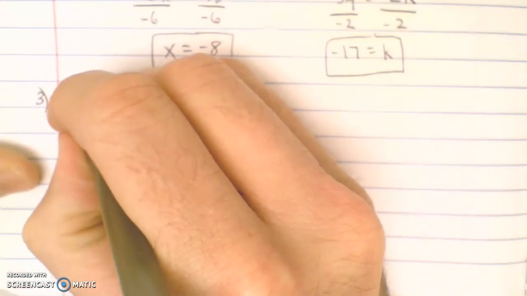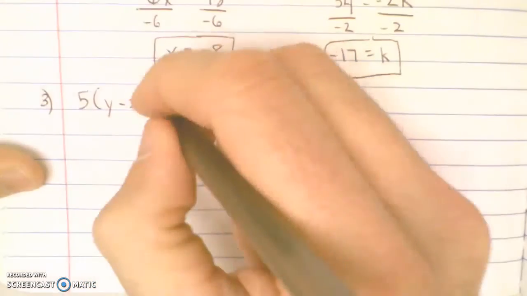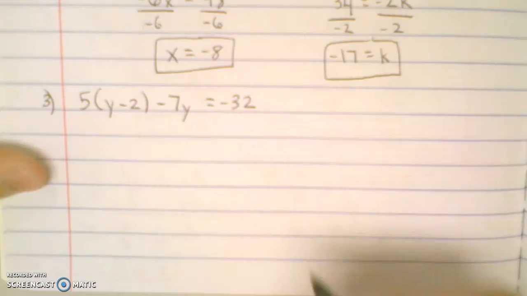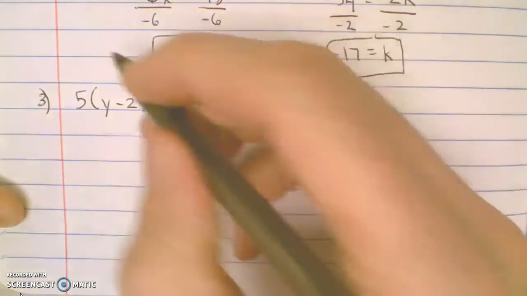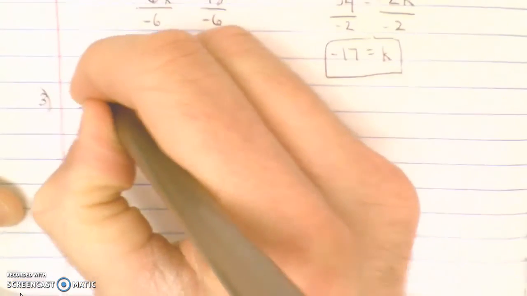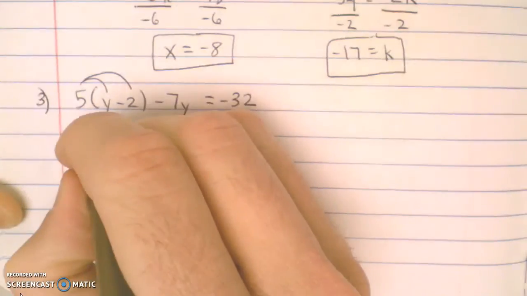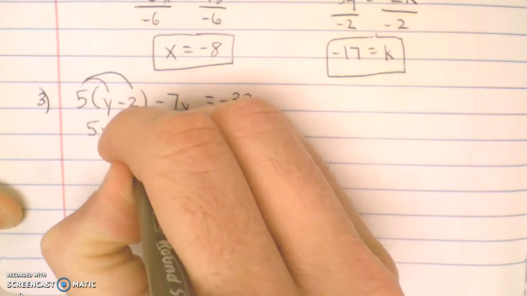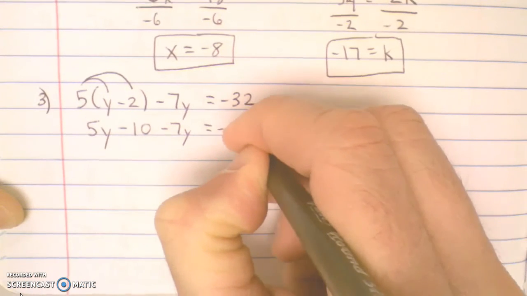So we'll have 5 parentheses y minus 2 minus 7y equals -32. All right, so in this problem, we do have distribution right here with the parentheses, so we have to distribute. So I have 5 times y is 5y. 5 times -2 is -10. Minus 7y equals -32.